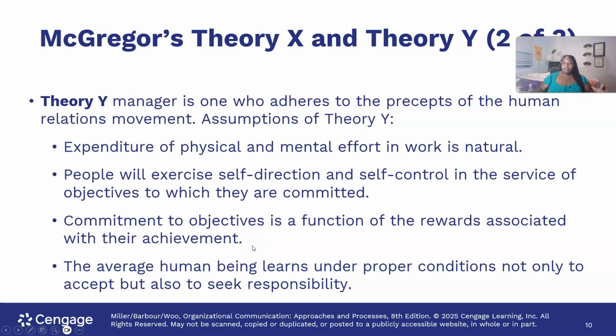Commitment to the objectives is a function of rewards associated with their achievements. So moving up the ladder, getting actual awards, maybe getting further education so they can do their jobs more effectively. Those are some rewards outside of the paycheck that can help motivate employees.